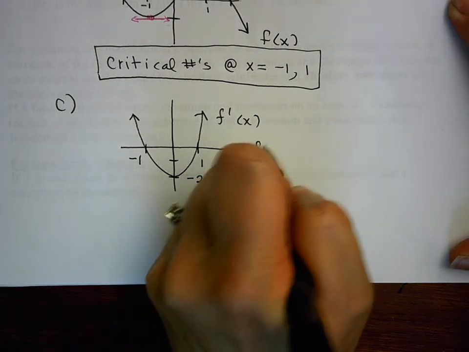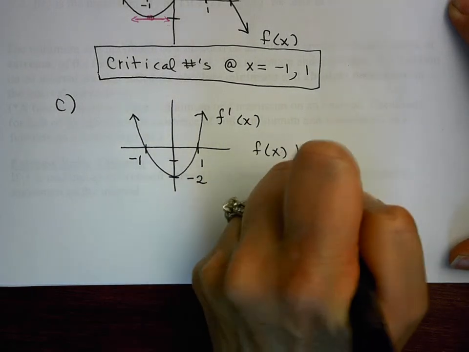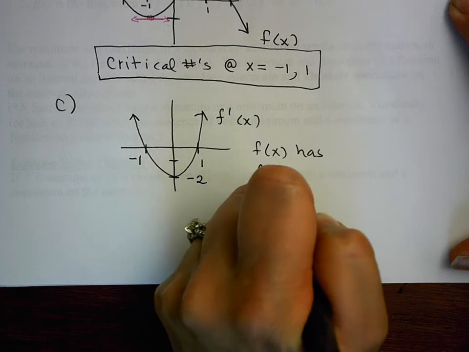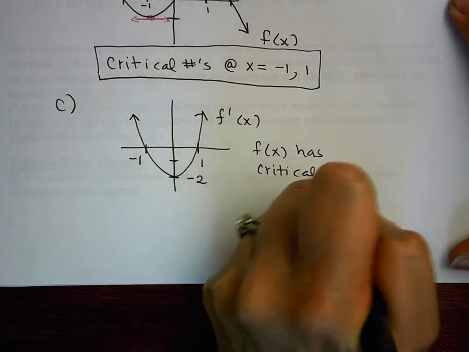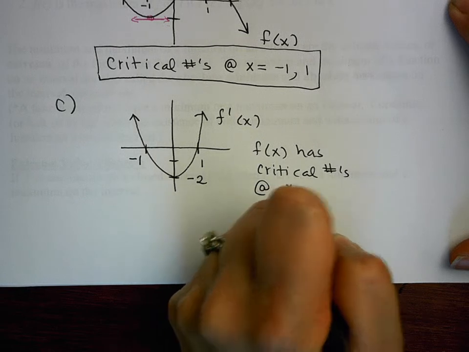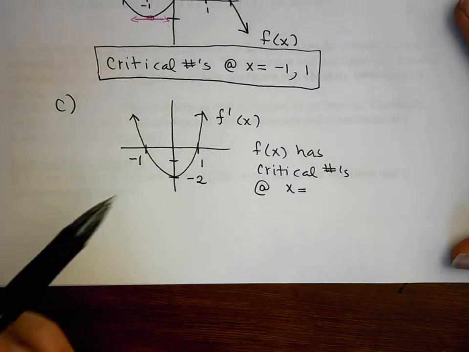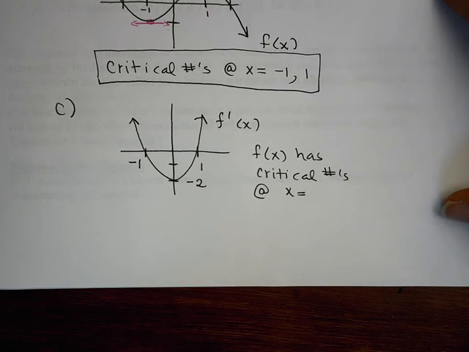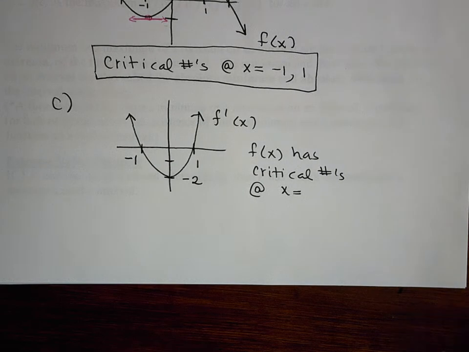So f of x has critical numbers at x equals what? But pay attention to the fact that we have an f prime graph. So I'm not looking at f of x, I am looking at f prime. So this is my derivative graph.